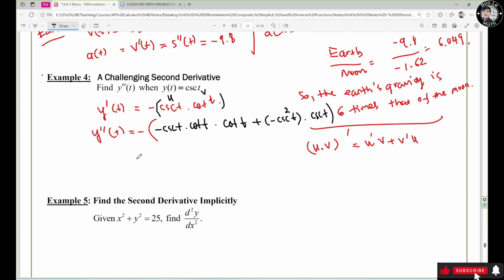Now I'm going to simplify, so this turns out to be negative cosecant t times cotangent squared of t, right? Minus cosecant cubed of t, right? Now I distribute the negative 1, so it could be cosecant t cotangent squared of t plus cosecant cubed of t, right?